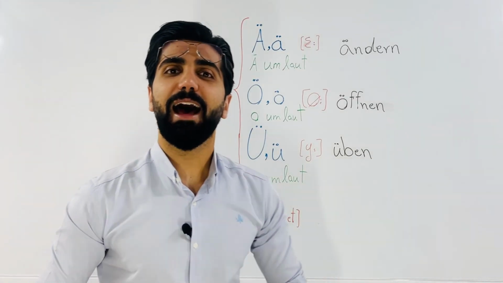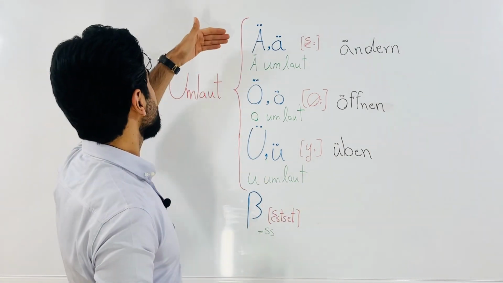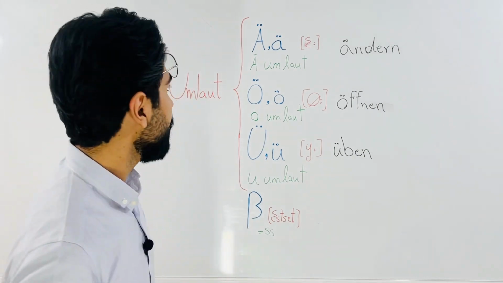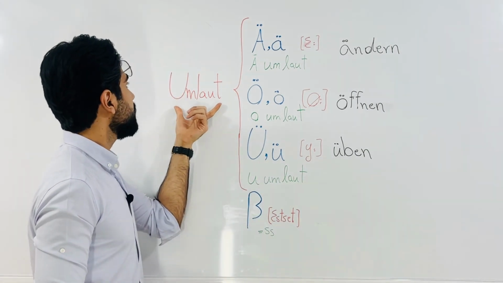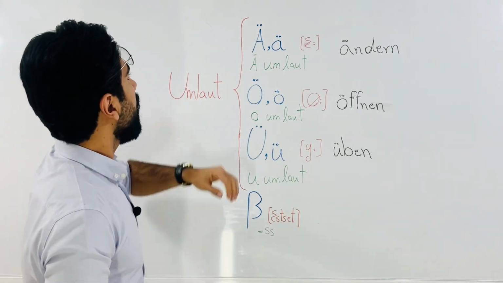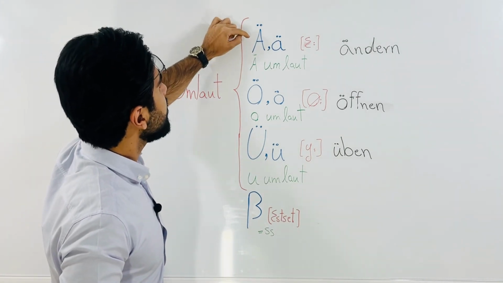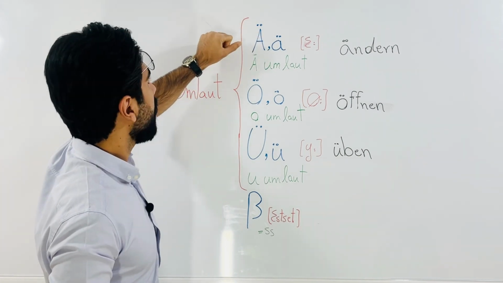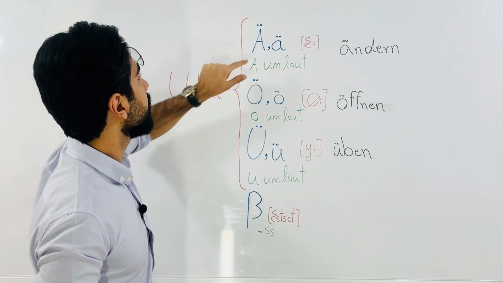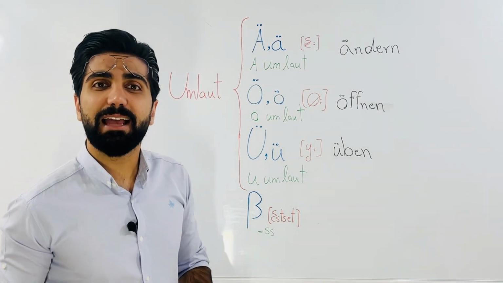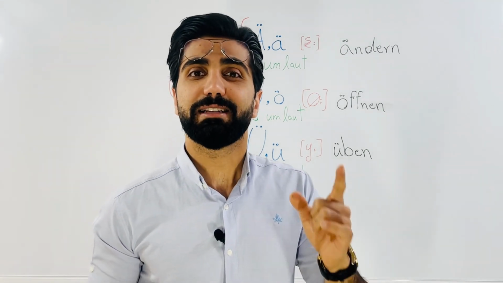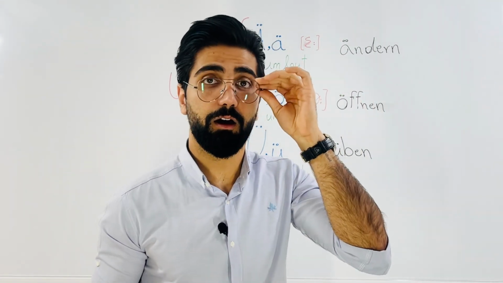Okay, now here we have some different alphabets in the German language. They are named Umlaut. The first one is A Umlaut, and it sounds like Ä.